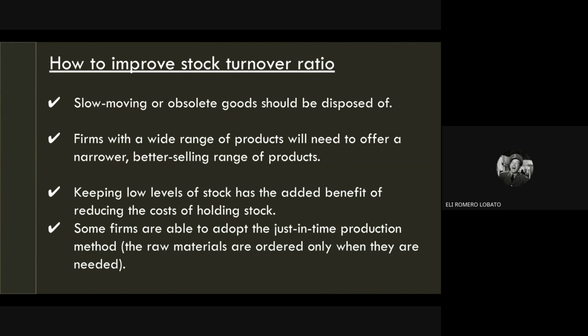Keeping low levels of stock has the added benefit of reducing the costs. Remember the example that we were talking about in the previous class. We have in Puebla a lot of depots around. We got industrial parks, Puebla 2000, Finsa, etc.